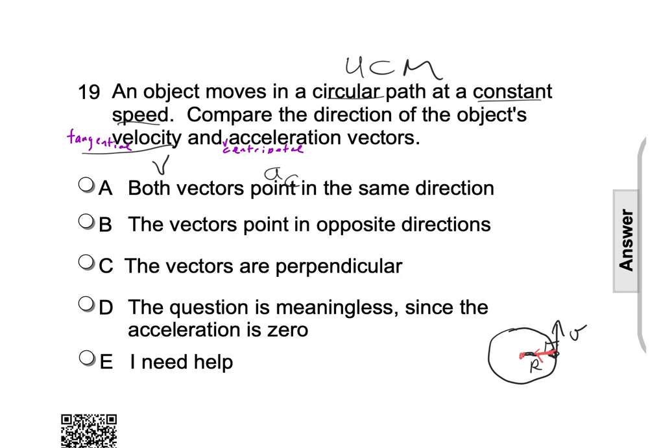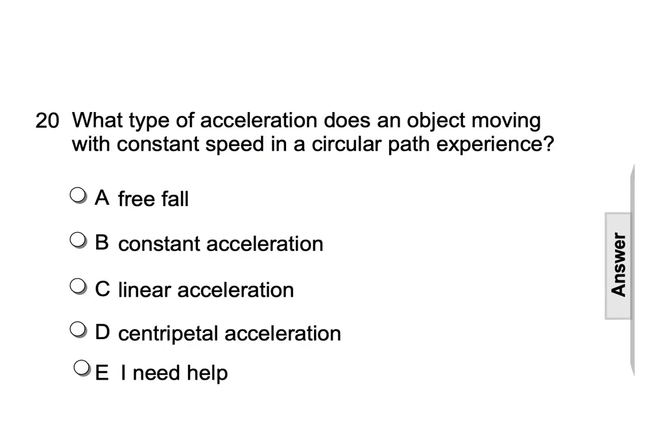So the vectors, the V and the AC, are perpendicular. You're going constant speed, but you're not tangentially accelerating. But you still have AC, centripetal acceleration, and that can't be zero if you're going around in a circle.